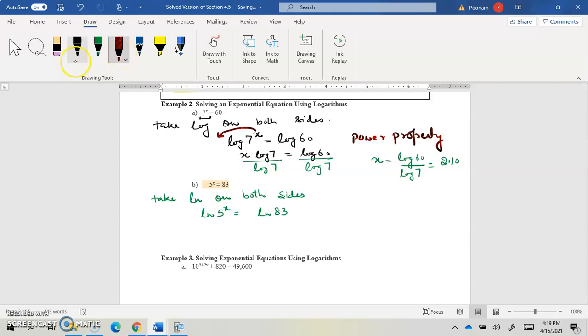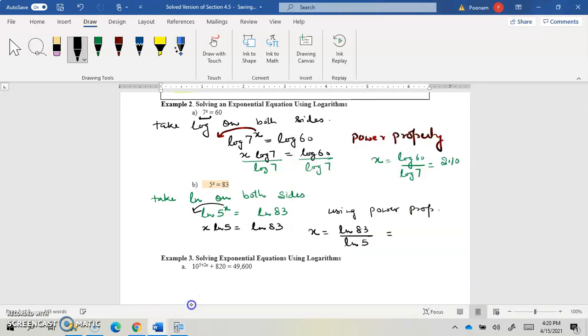Using power property, this power x comes out. So we can say x times natural log of 5 is equal to natural log of 83. So x would be equal to natural log of 83 divided by natural log of 5.